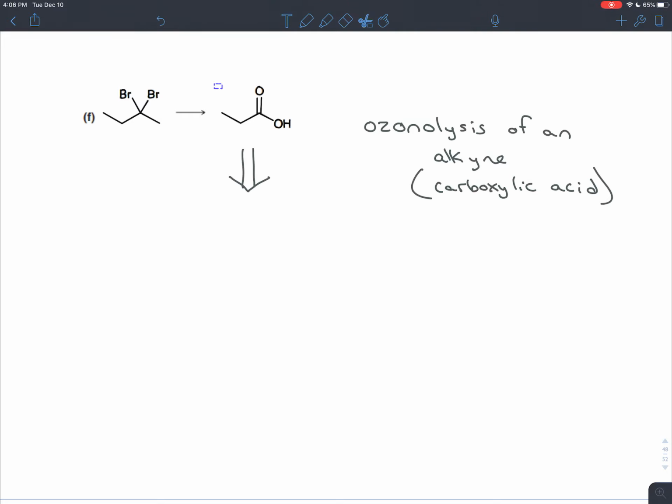So, instead of all these oxygens that come from the ozone, if we had 4 carbons, oops, and an alkyne on the end. Oops, I added too many there. Sorry about that. This one.